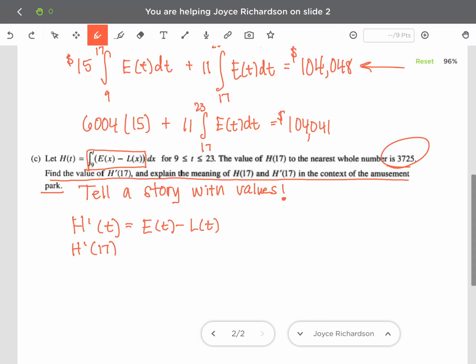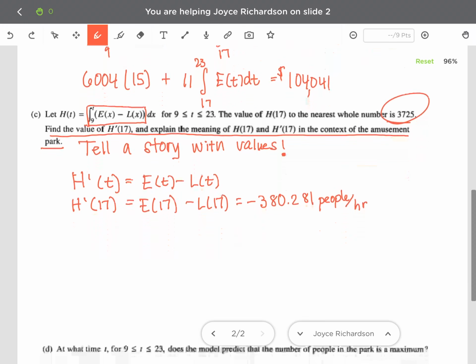And I'm going to calculate h prime of 17, which is e of 17 minus L of 17, and I end up getting negative 380.281 people per hour.